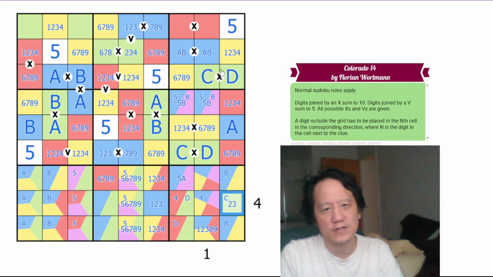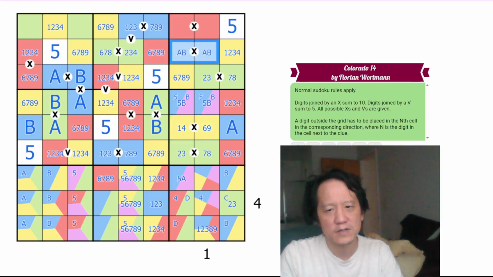So that means the low digit is C. So this is 7, 8. 7, 8. That means yellow must be 1, 4, 6, 9. This cannot be the low green, so it must be the high blue, which makes this the low green.